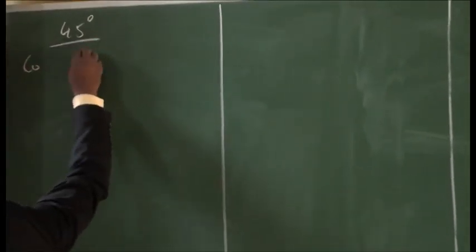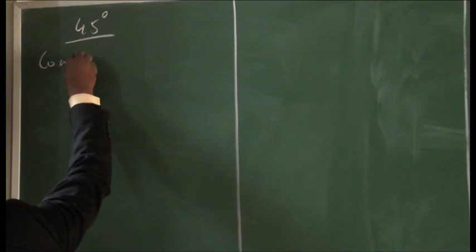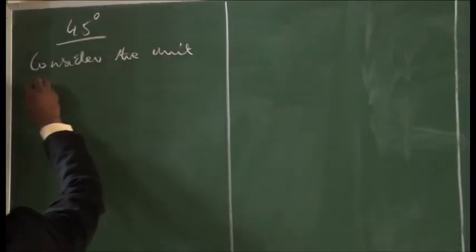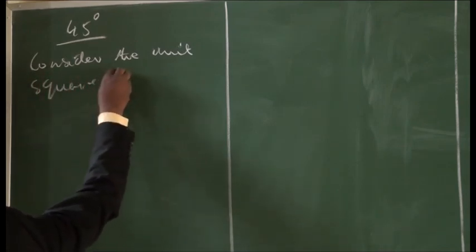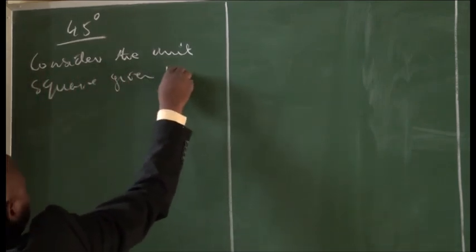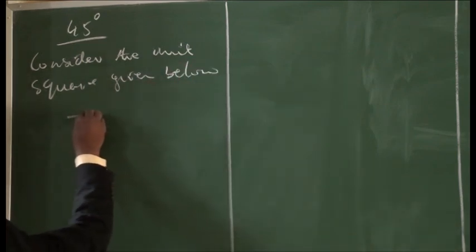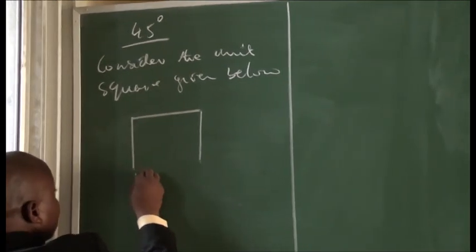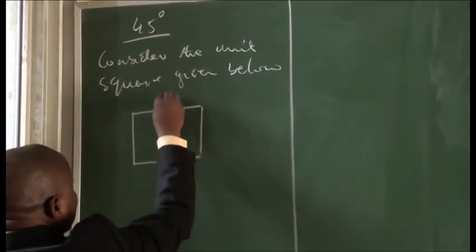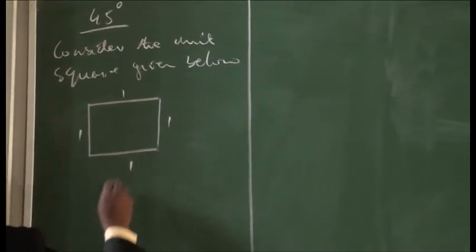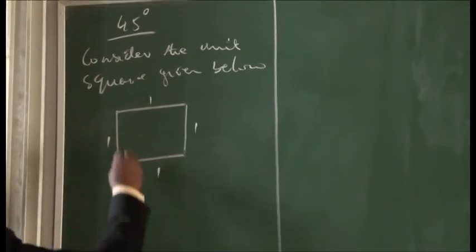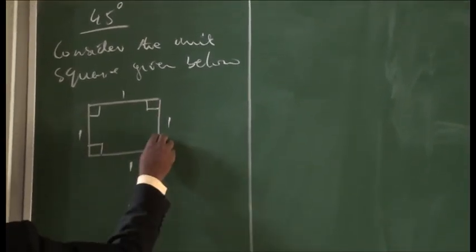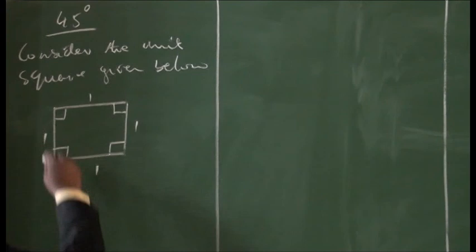For that, we consider the unit square given below. Unit square means it has 1, 1. The sides is 1, 1. And we know that this is 90 degrees. Here is 90 degrees. Here is also 90 degrees.